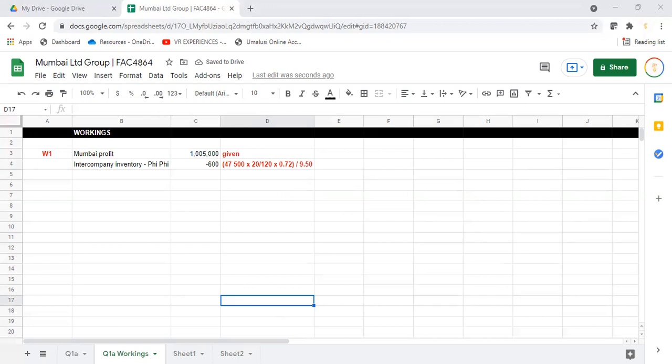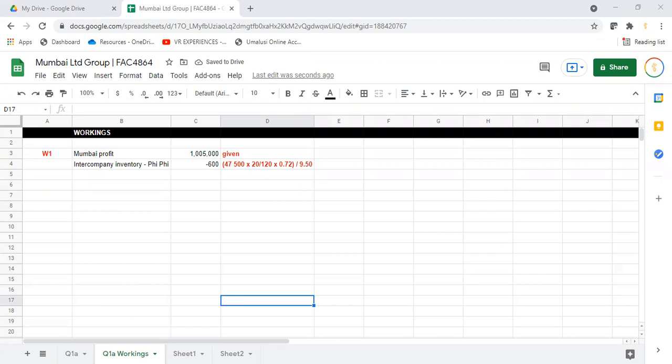After the sale of these shares, Mumbai still had control of Fifi as per the definition of control in accordance with IFRS 10. So now we must have a look whether there was a profit or loss made.